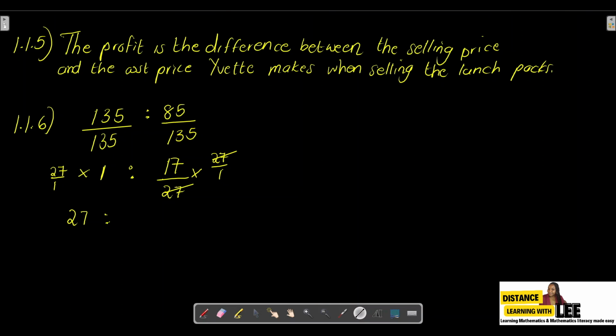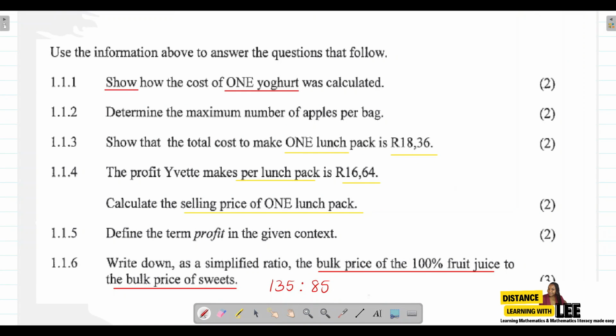The 27 and the 27 cancel. You'll get 17/1, in other words, it is just 17. And this is the ratio of the bulk price of the 100% fruit juice to the bulk price of the sweets in its simplified ratio.